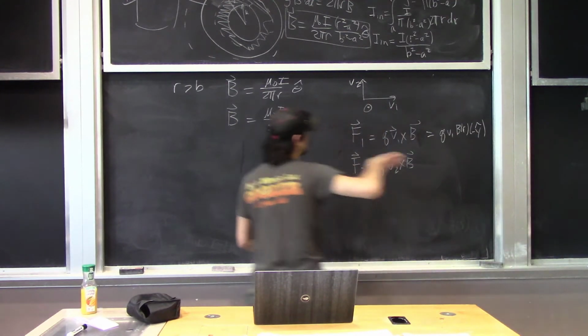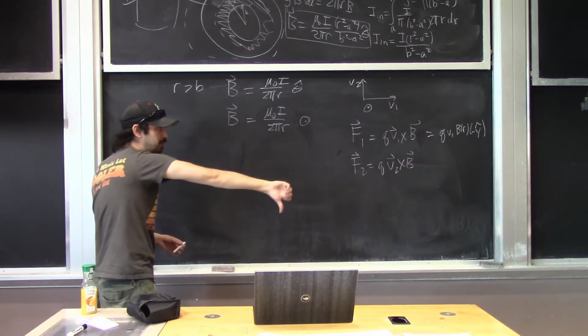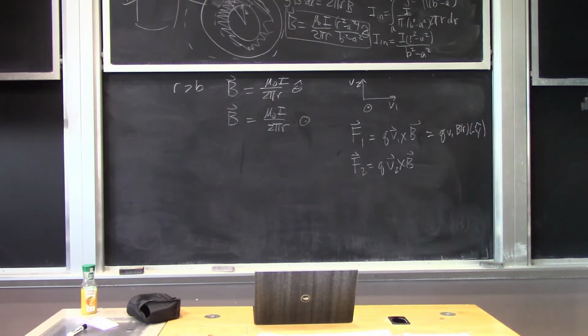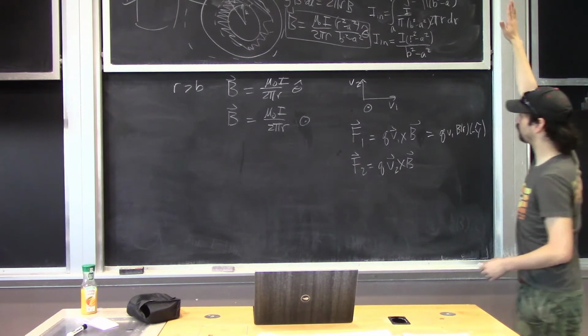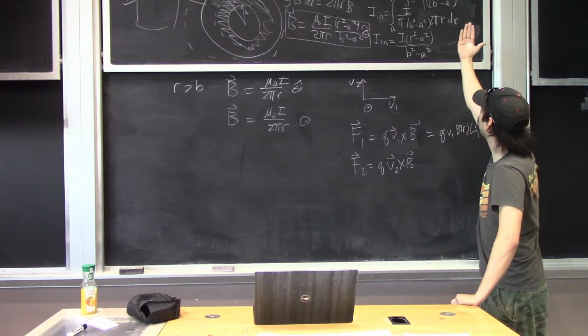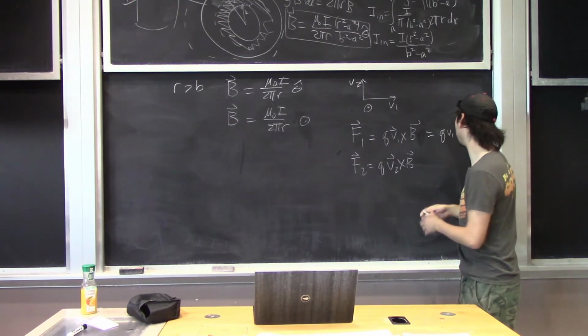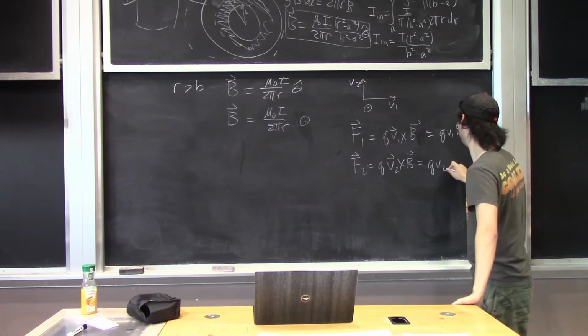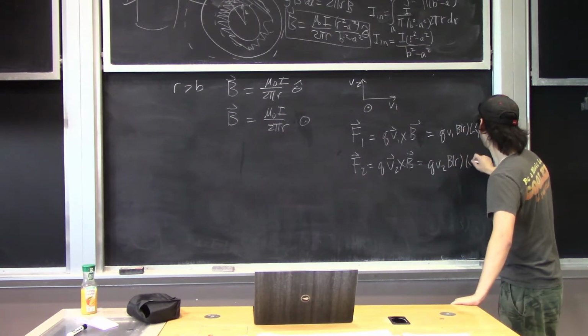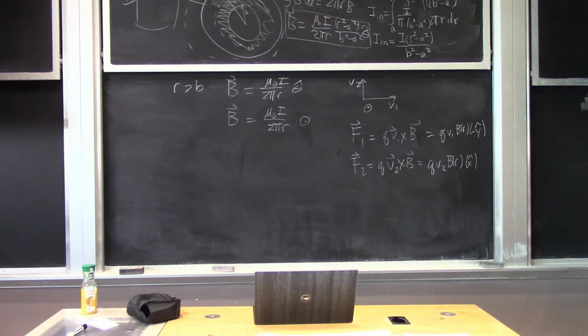Because this is this way, like that. Okay. We can do the same thing for this one. So the velocity now is going to be up. So we point our fingers in the direction of V2, and then in order to curl in the direction of B, we have to rotate our hand. So this one is going to be Q V2 times B as a function of R times X hat. Okay. Any questions about this?